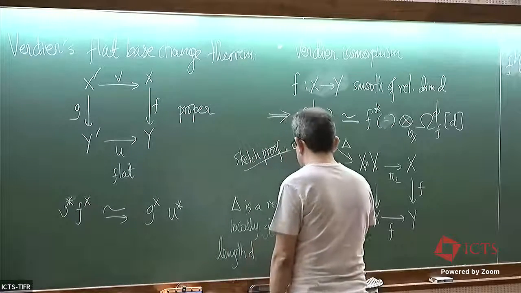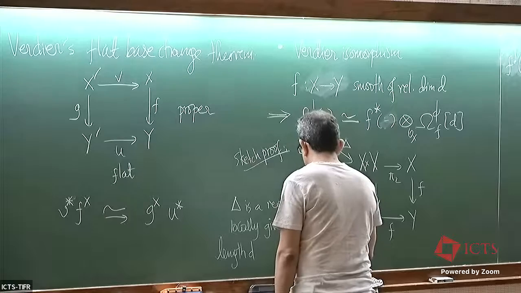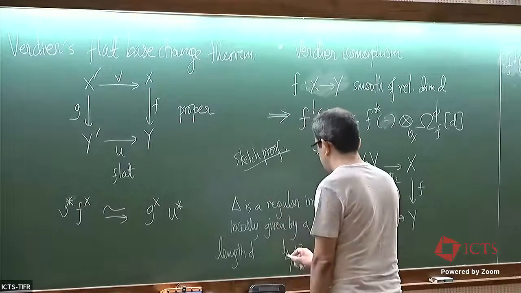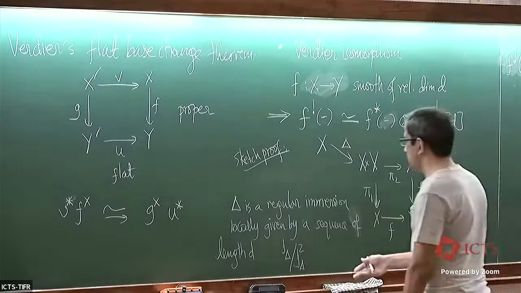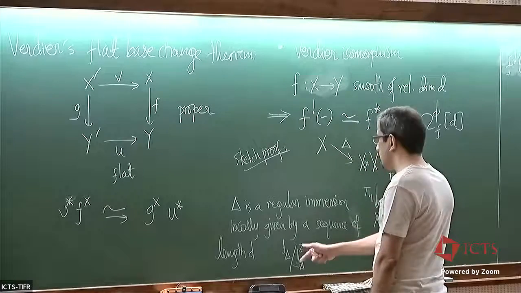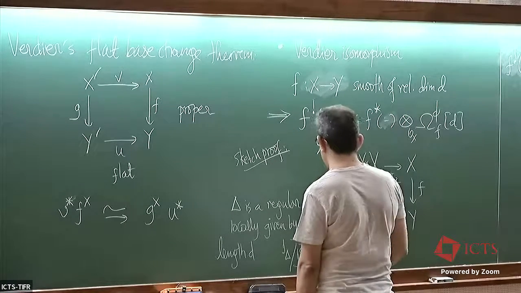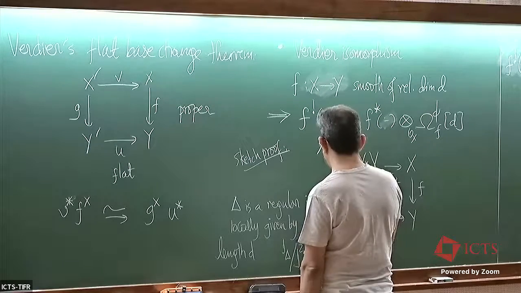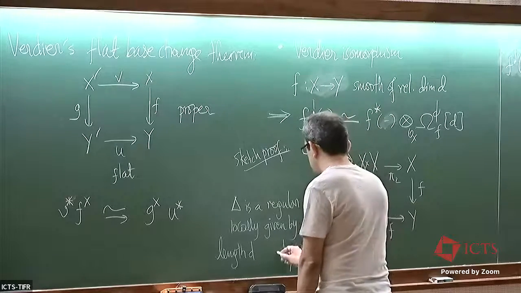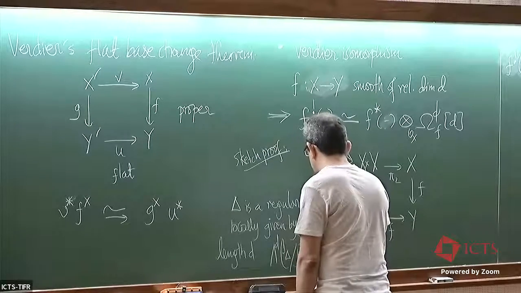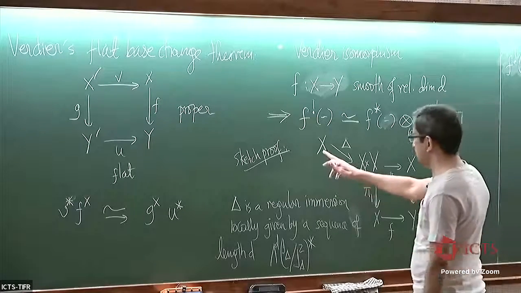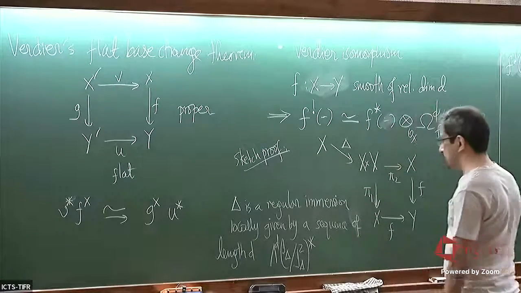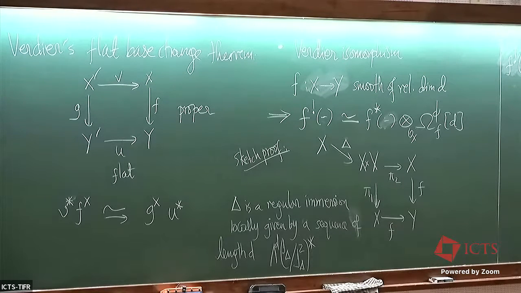Then you can look at I over I_delta squared. That's going to be a locally free module on the diagonal of rank d. You take its dth exterior power and dualize it. Its dual is the module of differentials, the dth power, this module here.